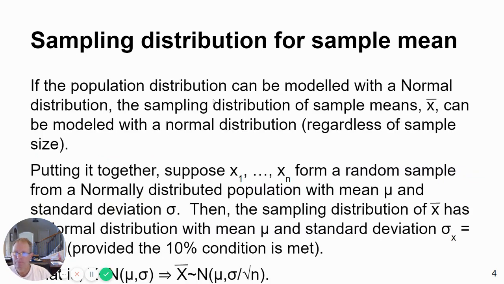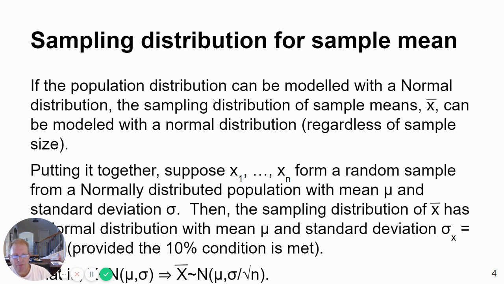Now, if the population distribution can be modeled with a normal distribution, the sampling distribution of sample means x bar can be modeled with a normal distribution regardless of sample size. Putting this together, suppose that x1 through xn form a random sample from a normally distributed population with mean mu and standard deviation sigma.